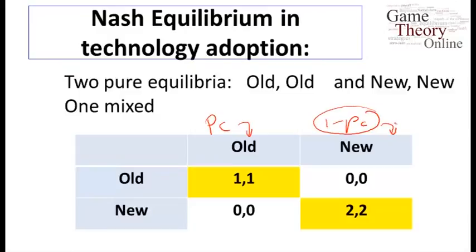So what's going to be the payoff to playing old? The payoff to playing old for the row player would just be 1 times PC plus 0 times 1 minus PC, so they're just getting PC. And for the payoff to new, we've got 0 times this, 2 times 1 minus PC. Right? So we've got these two payoffs.